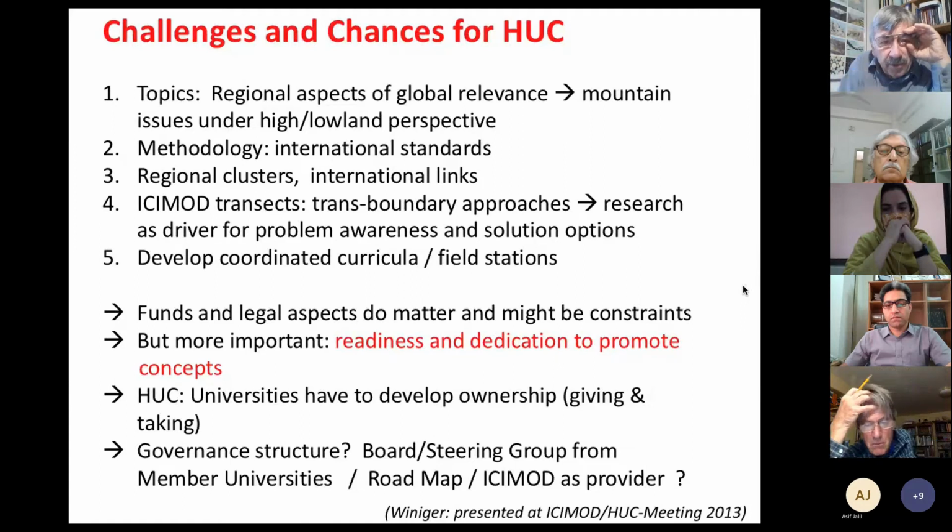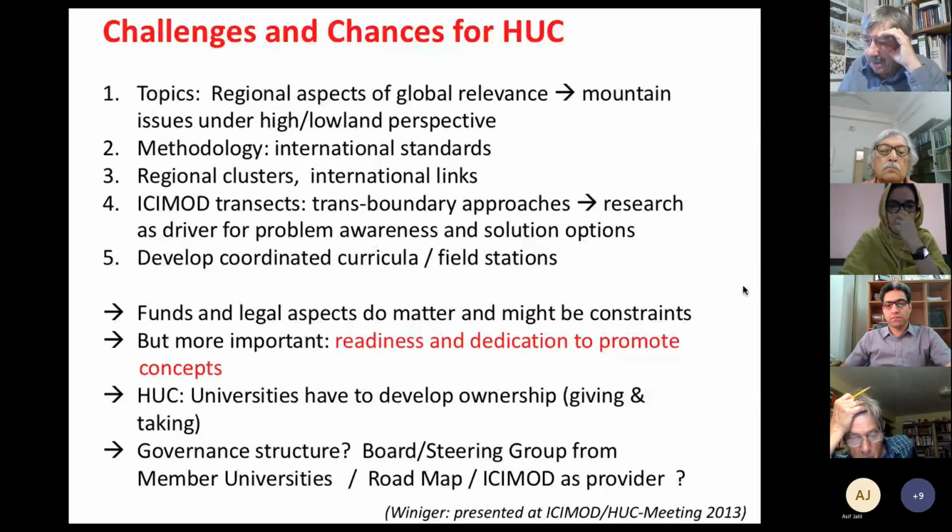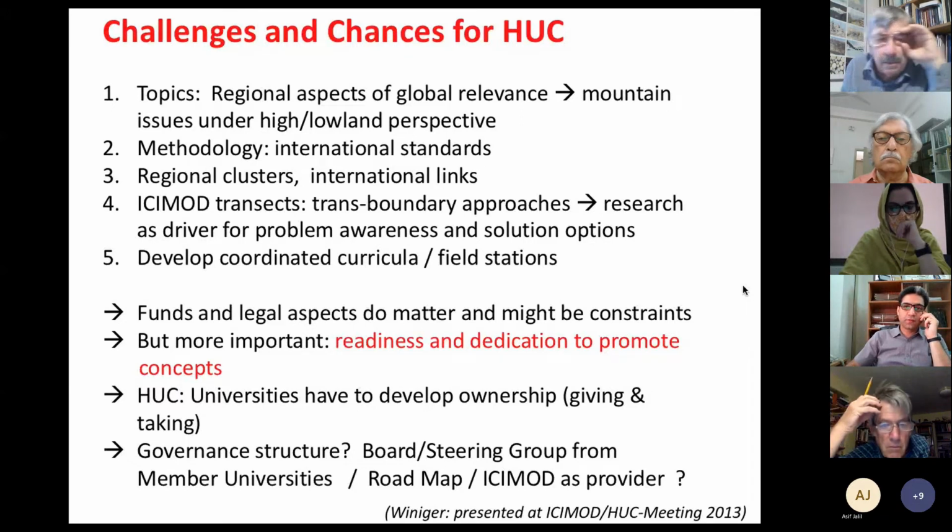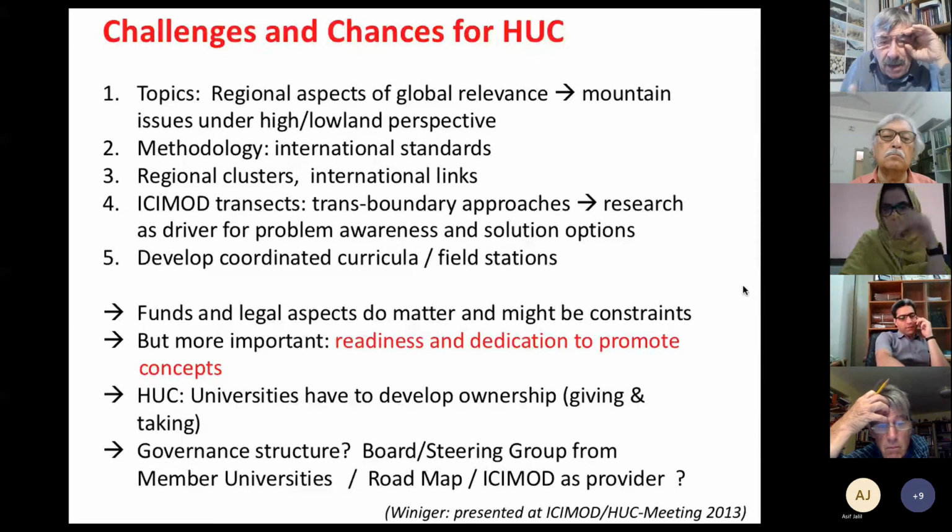They can introduce and propagate methodologies on international standards. They can create regional clusters which also have international links. Then this, what I just mentioned before, these ICIMOD transects, transboundary approaches. For instance, the left one, the one I mentioned, Indus, it includes China, Afghanistan, Pakistan, part of India. So it's a somehow overlinking approach.